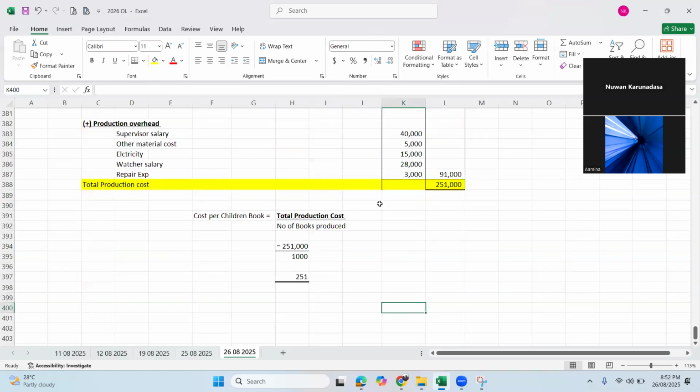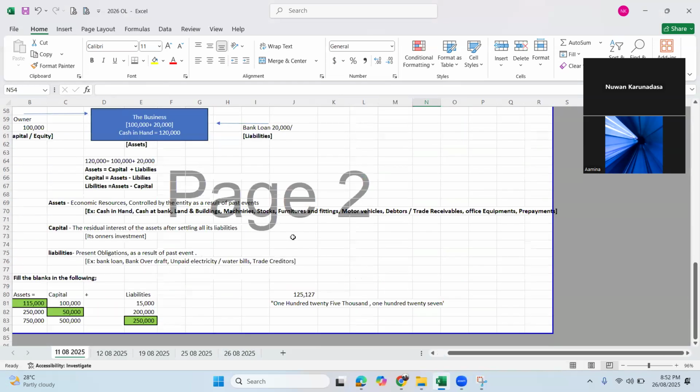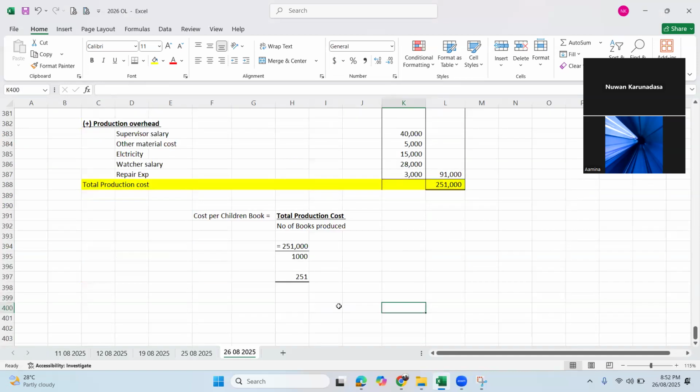Right, so with that, I have finished the manufacturing cost statement section. Now I have finished a lot of sections. Most of the areas from the financial accounting we have covered. So remember, there will be definite questions both in the MCQ section and the second section relating to this chapter.